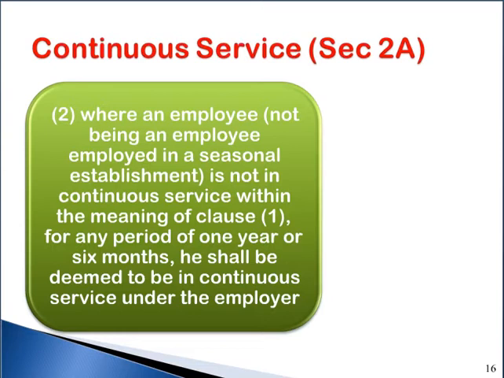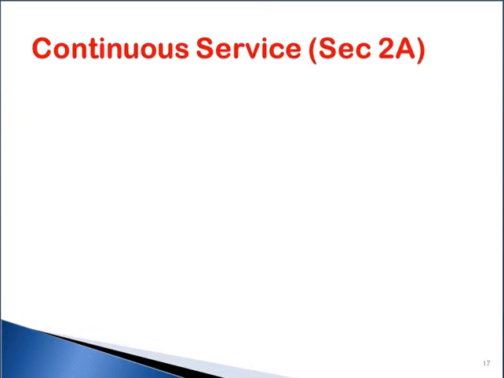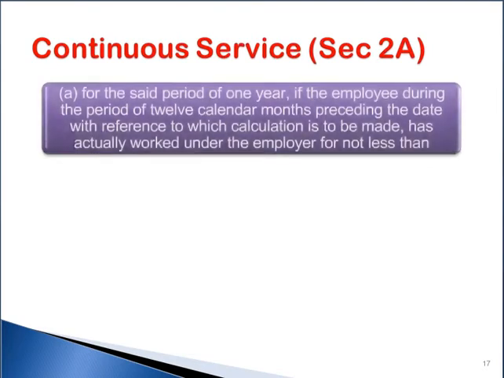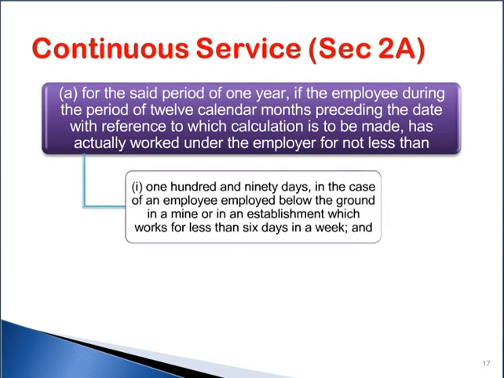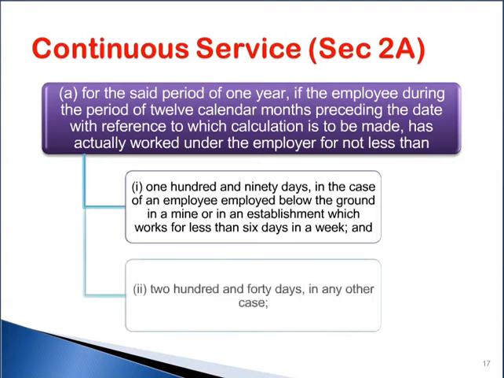He shall be deemed to be in continuous service under the employer for the set period of 1 year if the employee during the period of 12 calendar months preceding the date with reference to which the calculation is to be made has actually worked under the employer for not less than 190 days in the case of an employee employed below the ground in a mine or in an establishment which works for less than 6 days in a week, and 240 days in any other case.